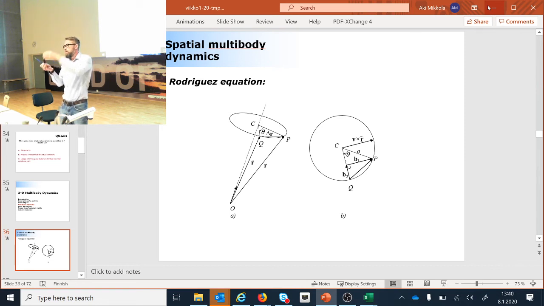Then I will take hold of my unit length vector and introduce an amount of rotation that is theta, and I will have my new configuration. That's the whole concept from beginning to end.